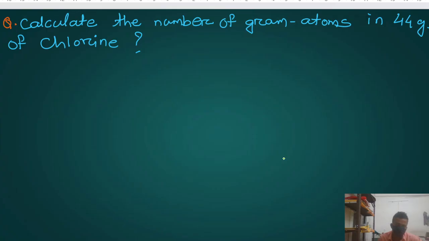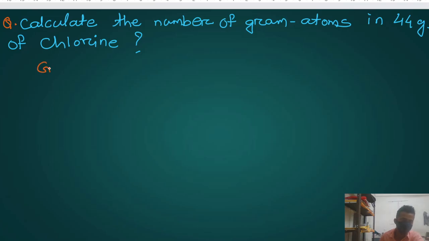Let's go to the next question. Calculate the number of gram atoms in 44 grams of chlorine. Here the atom is chlorine, so first of all we should write all the data which are given.